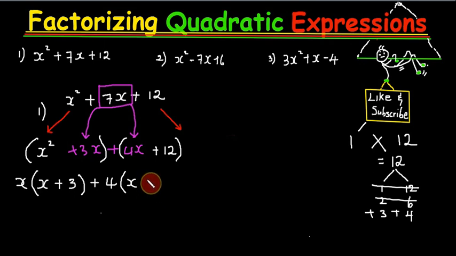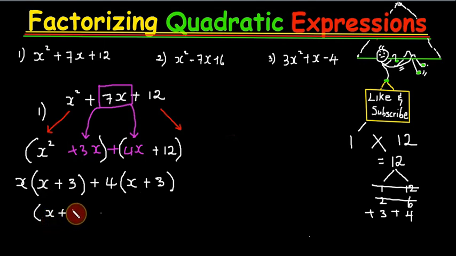So here we have x plus 4 multiplied by what will give us 12? 3. So notice that x plus 3, x plus 3. Now let us continue. Close off the question. So here we have x plus 3, x plus 3, they are common factors.